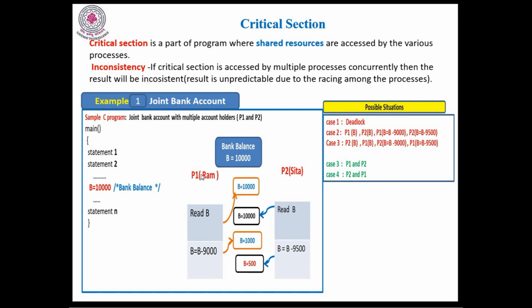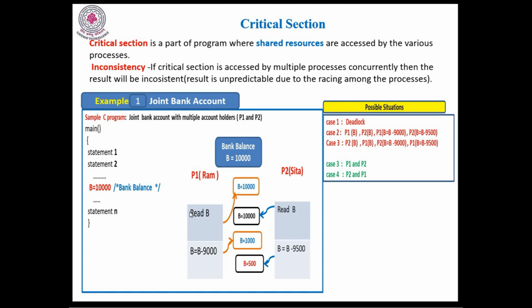If both account holders try to access the value, maybe with a little cooperation, first P1 gets a chance to access the value. Once P1 accesses the value, what is the value of B as per P1's processing? B is equal to 10,000.